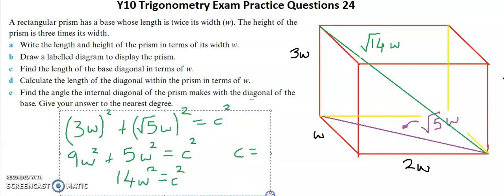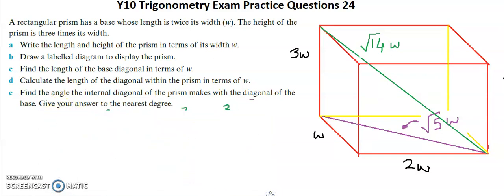So for our last question, it states, find the angle the internal diagonal of the prism makes with the diagonal of the base. So we are looking at this angle right here. So I'm going to use 2 of the lengths.